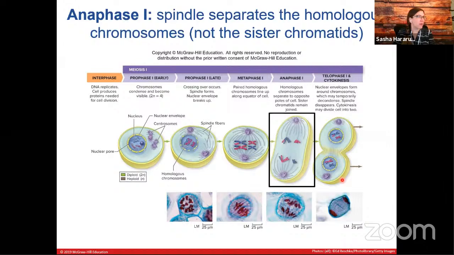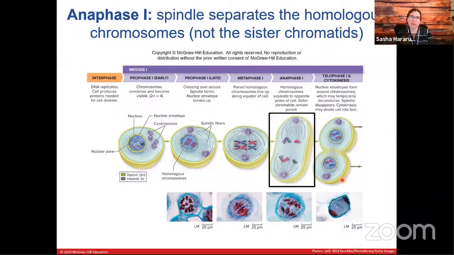Okay, I see a question from Amal. What does homologous mean again? Homologous chromosomes are the chromosomes that contain exactly the same types of genes, but may contain different alleles or versions of the gene. The two chromosomes are homologous if they contain the same type of genes, but these genes were inherited from the mother or the father.